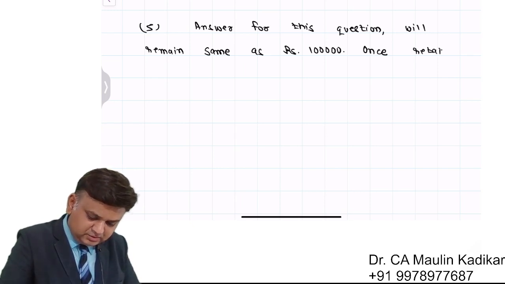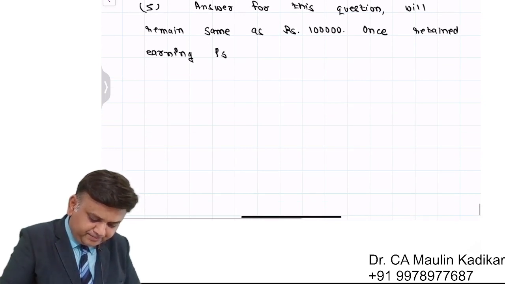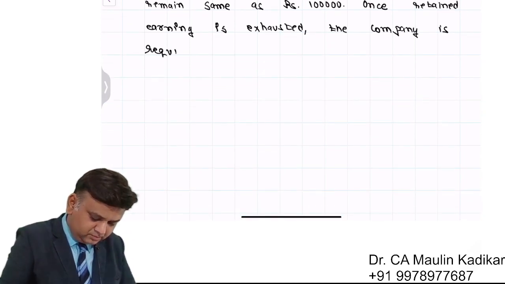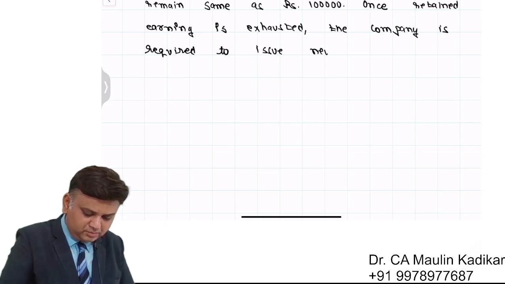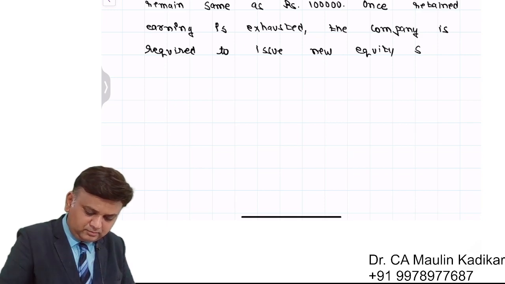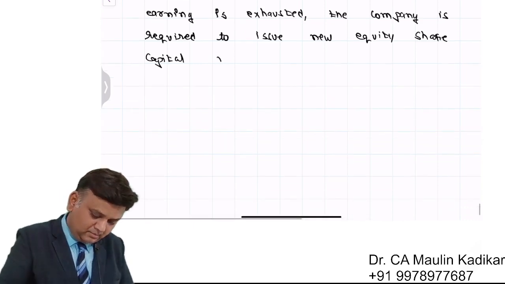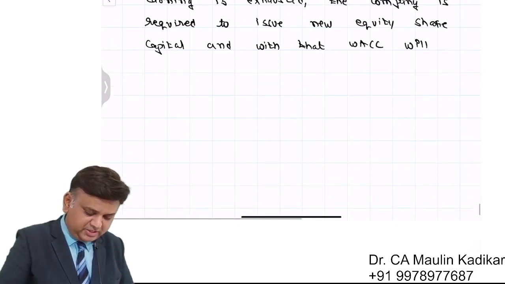Once retained earning is exhausted, comma, the company is required to issue new equity share capital and with that WACC, weighted average cost of capital, will change.